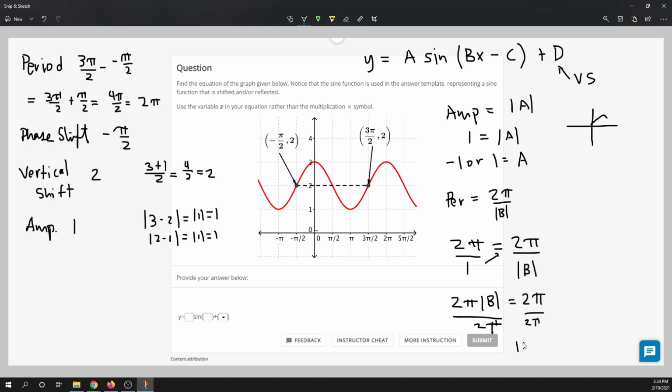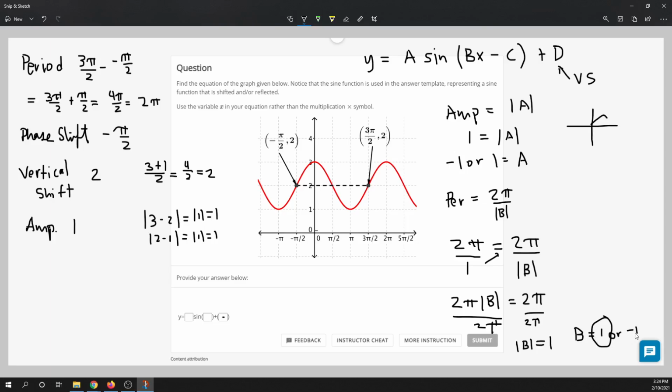So I get the absolute value of b is equal to positive 1. Okay, so that means that b is equal to 1 or minus 1. And so on the period for these problems, just pick it to be the positive one, okay? That's what you should do.